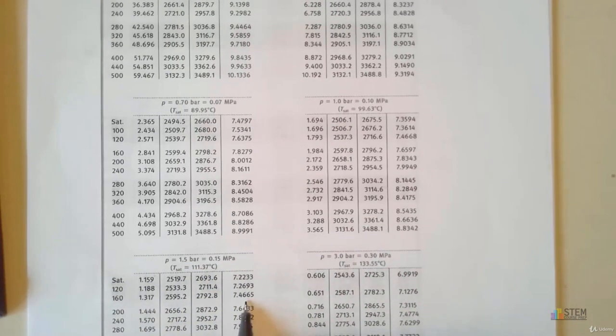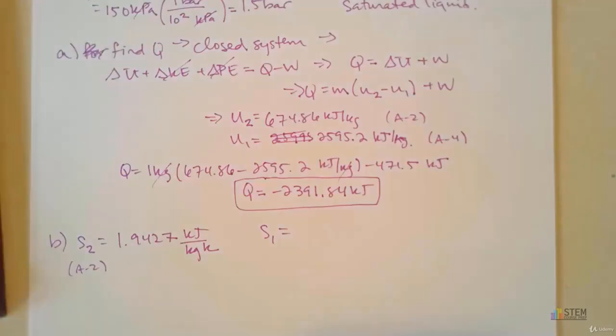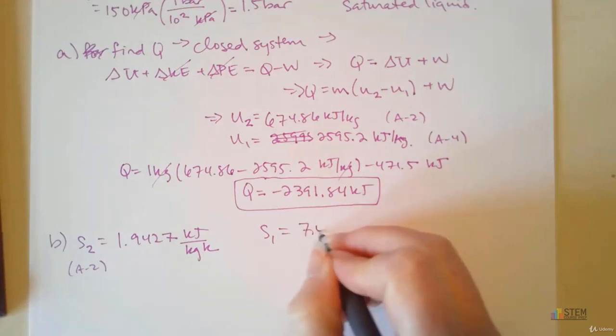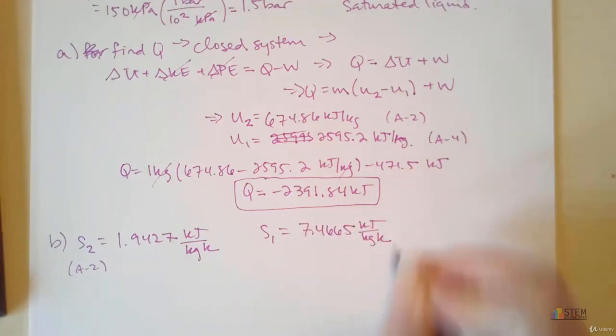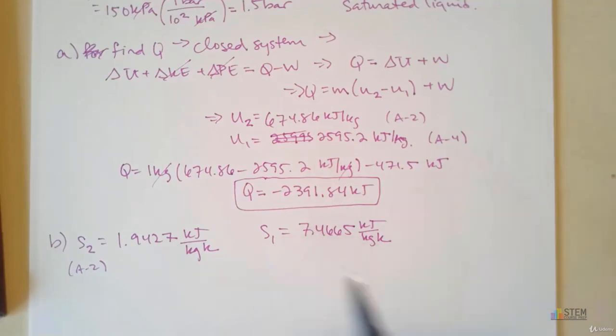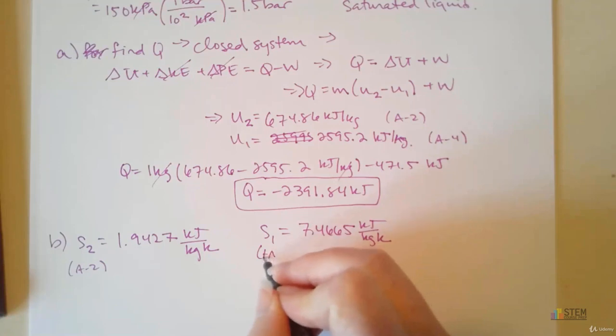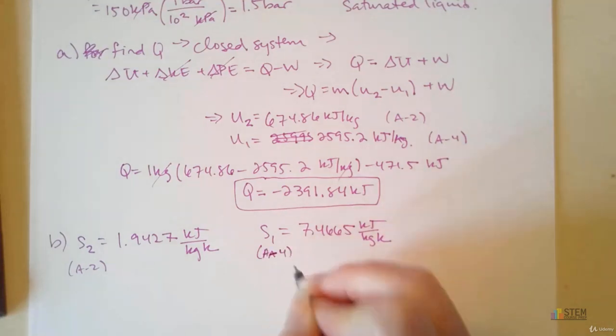S is over here. So 7.4665. Units are the same, obviously. So now we've got that. This is specific entropy also, and this value is from table A4.